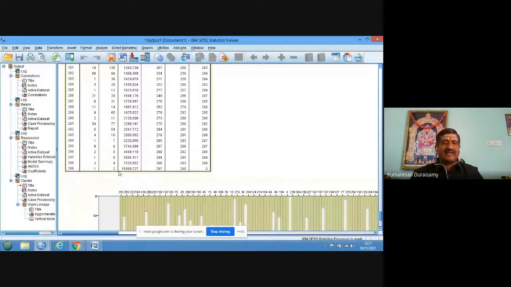For 299, the difference is in thousands. For 299.8, the difference is in thousands. The 297 is in thousands. If you go for 296 with the previous one, it becomes in hundreds.